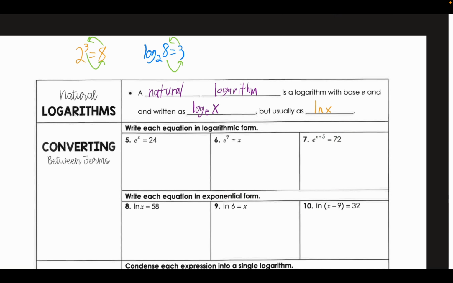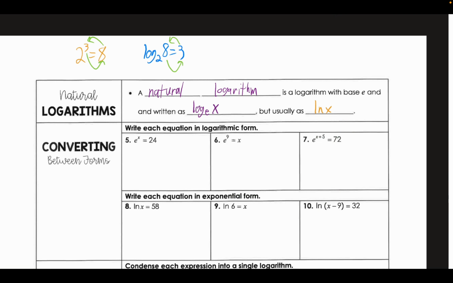One of the reasons we write it as ln on the right in orange rather than log base e on the left in purple is because it's less to write. And once again, it goes back to the theme of mathematicians are lazy. Mathematicians just keep coming up with shorthands for ways to write things that are common for them.